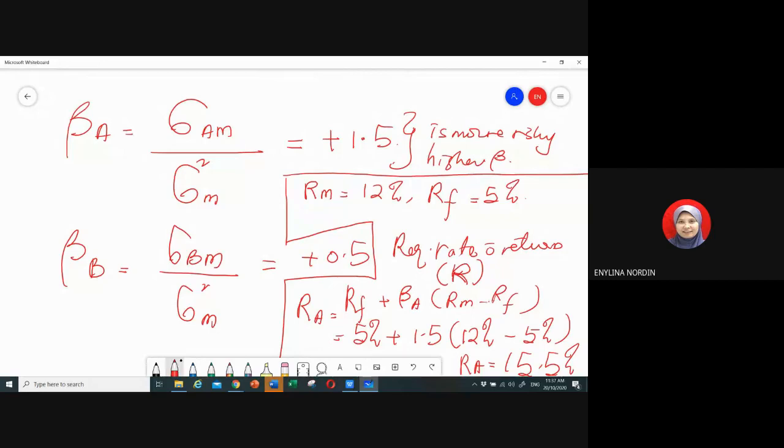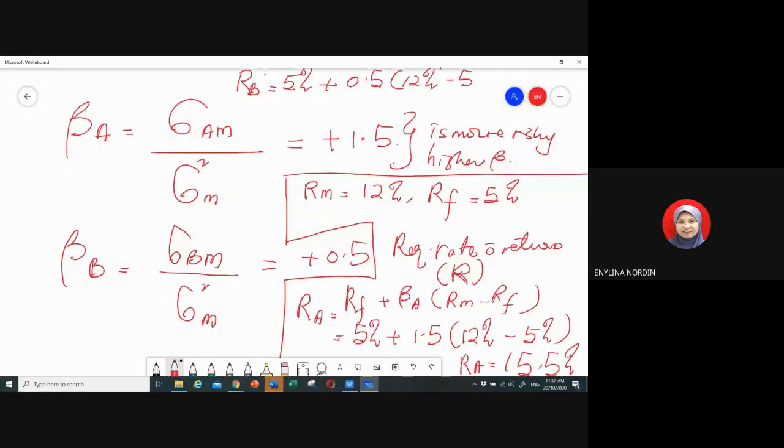What about stock B? We are talking about the same market here, but different stock. So how are we going to calculate stock B's return? RF masih lagi 5% plus apa? Beta dia positive 0.5 times RM 12% minus 5%.